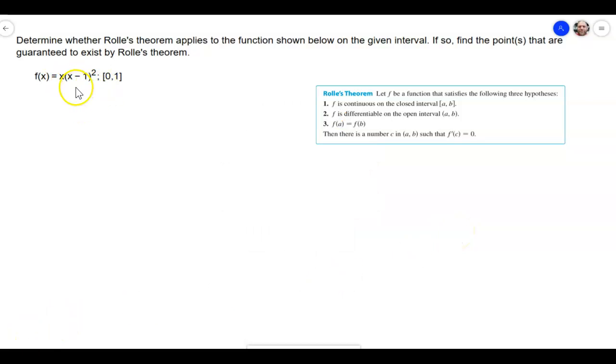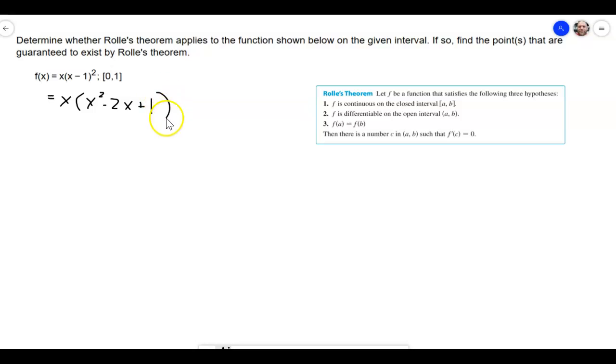All right, so first of all, to make sure this is continuous and differentiable, let's go ahead and distribute this out. So this is equal to x times (x minus 1) squared. We FOIL that out. That's going to be x squared minus 2x plus 1.